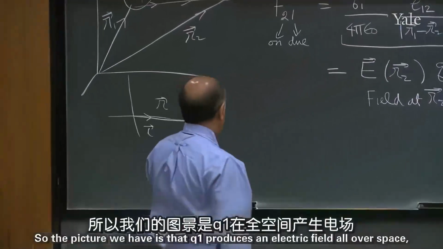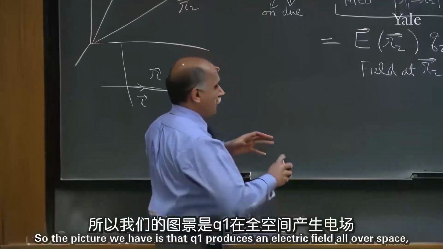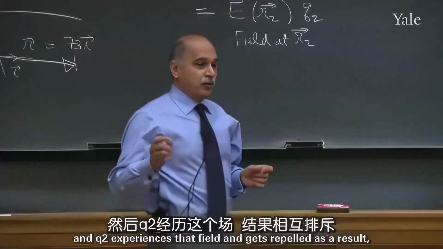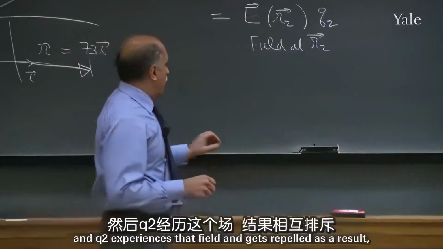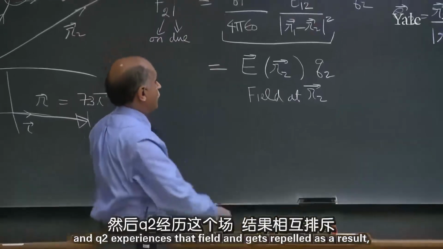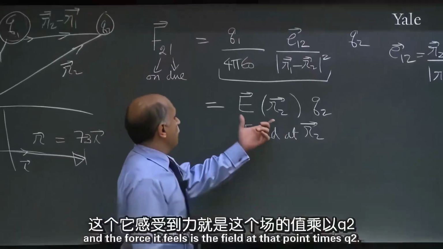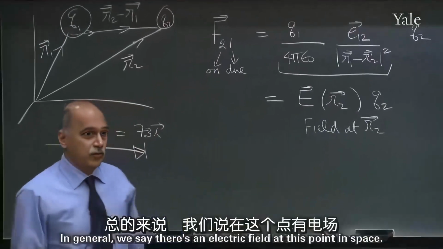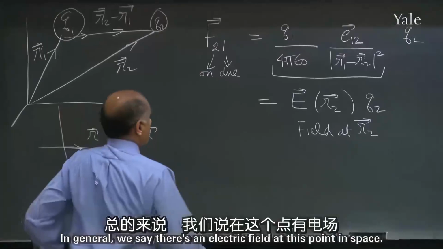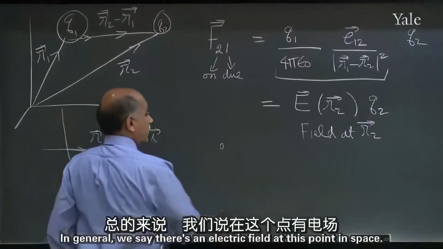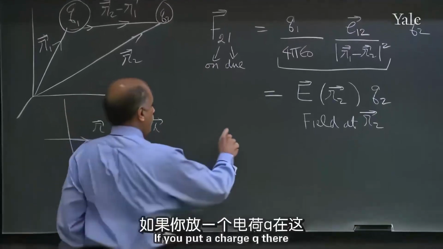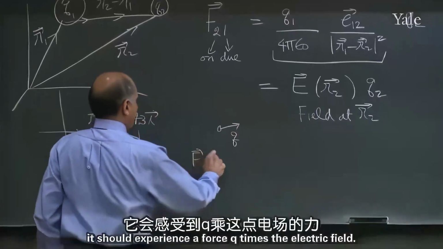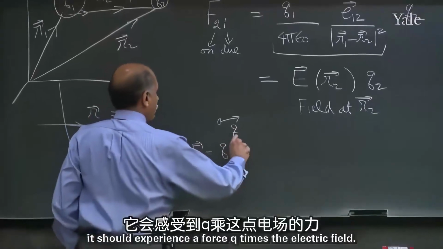So the picture we have is that Q1 produces an electric field all over space, and Q2 experiences that field and gets repelled as a result, and the force it feels is the field at that point times Q2. In general, we say there's an electric field at this point in space. If you put a charge Q there, it should experience a force Q times the electric field.